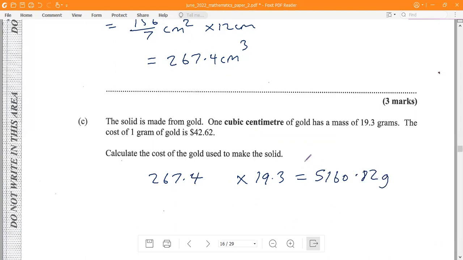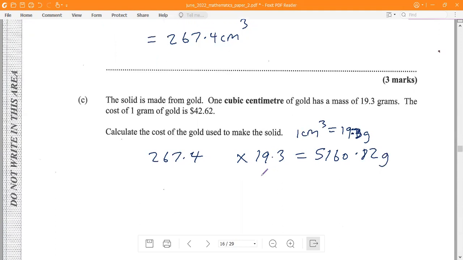Remember that 1 cm cubed had a mass of 19.3 grams. Therefore, we just have to multiply 267.4 by 19.3.